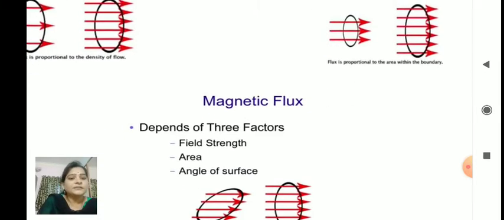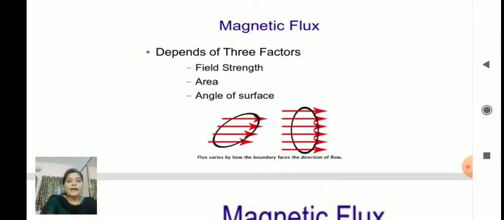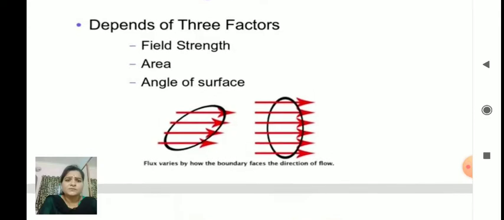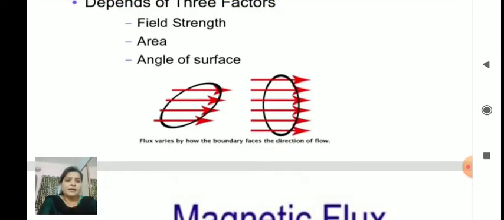And the third factor on which the magnetic flux depends is the angle of the surface. So here the flux varies by how the boundary faces the direction of flow. So if the boundary is inclined at an angle, the flux is less.